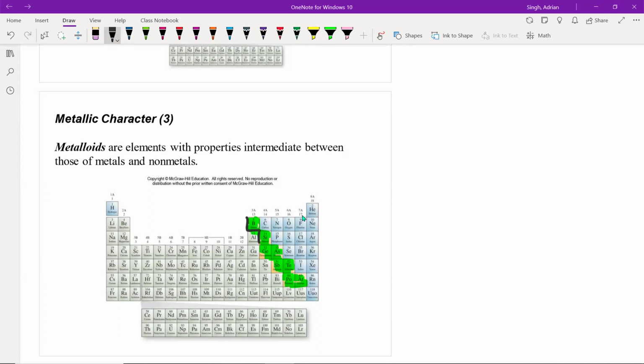So you think about your staircase that kind of goes like this. Okay, those elements in green, those are your metalloids. And again, they're found between the metals on the left, nonmetals on the right, and we would kind of predict that they're going to have properties that are intermediate or somewhere in between those of the metals and your nonmetals.